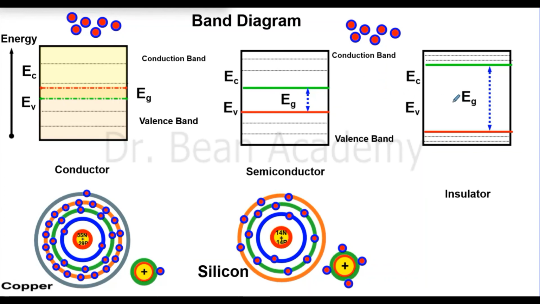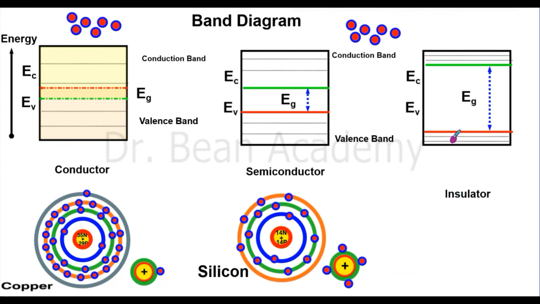And then, of course, for an insulator, we have to give high energy so that an electron can jump from its valence shell to the conduction band.